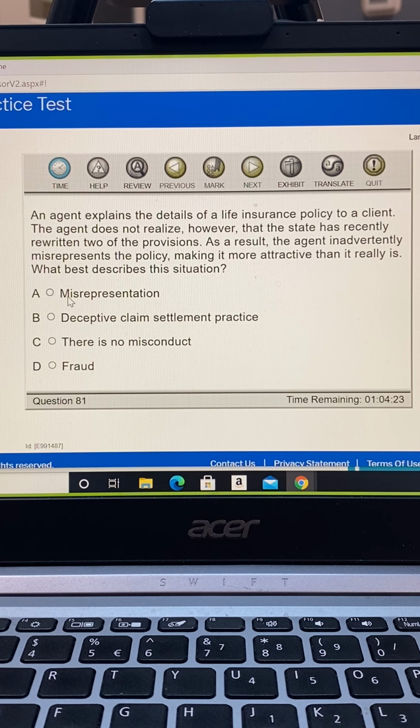I think it's still no misconduct because you didn't know, but I still think it's a misrepresentation though. Because you see right here, it says the agent inadvertently misrepresents. Let's go with misrepresentation.